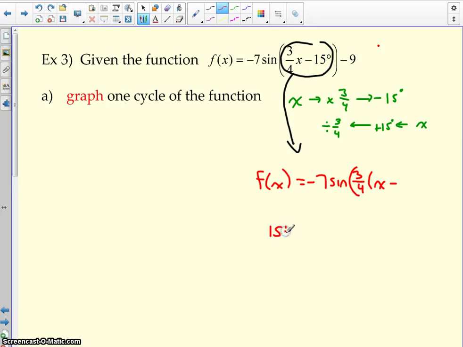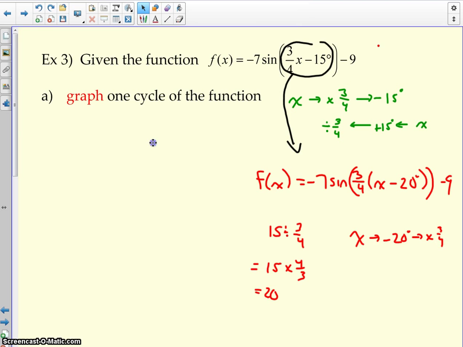So 15 divided by 3/4, which is the same thing as 15 times 4/3, which gives me 60/3, which is 20. So I'll have x minus 20 degrees, minus 9. And then I can create my mapping rule from there. So in this case, I would have x being subtracted by 20 degrees first, before being multiplied by 3/4.